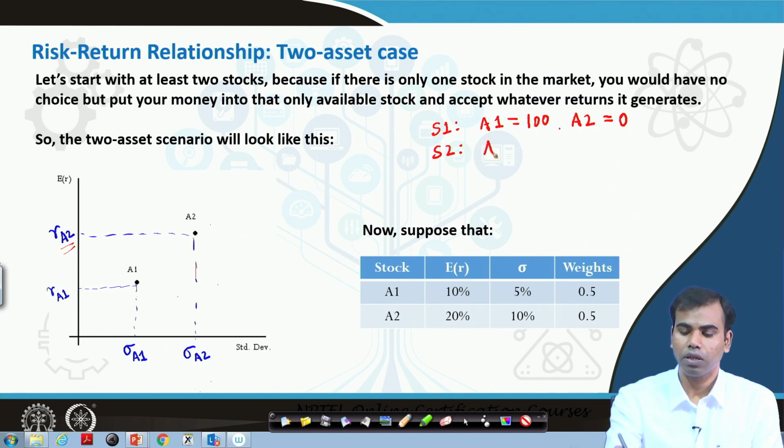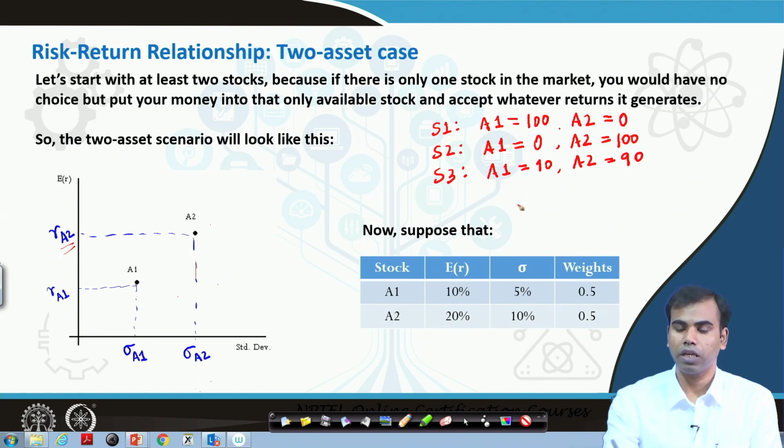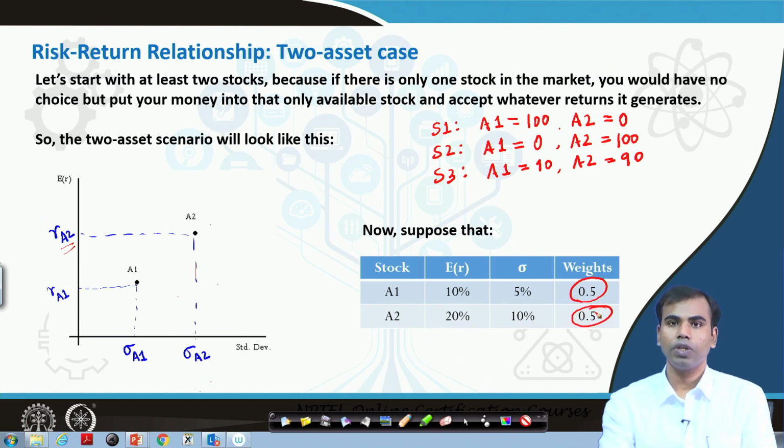Scenario 2 would be investing 0 in A1 and 100 in A2. Then we have multiple scenarios, such as 10 rupees in A1 and 90 rupees in A2, and so on. Essentially, it indicates the weight. For the sake of simplicity, we assume that we invest 50% of our investable money in each of the two assets, so the weights assigned are 50% for asset A and 50% for asset B.